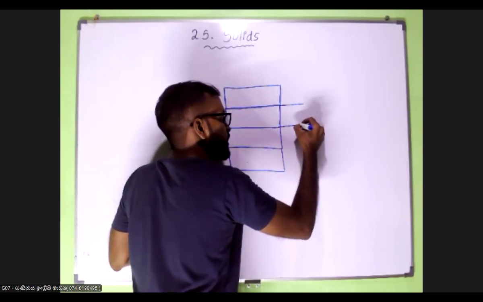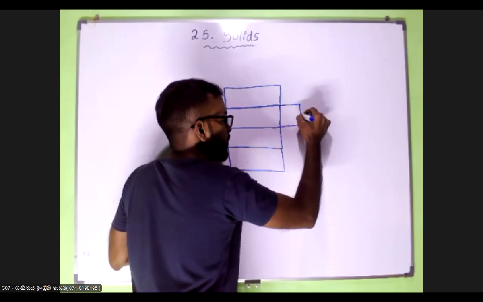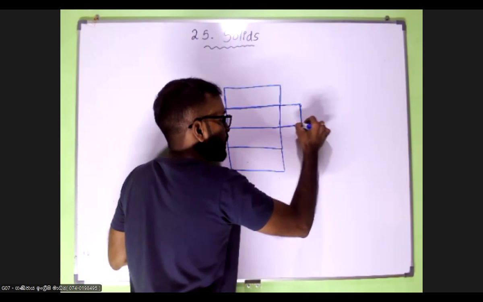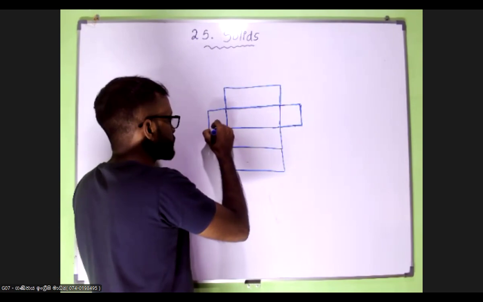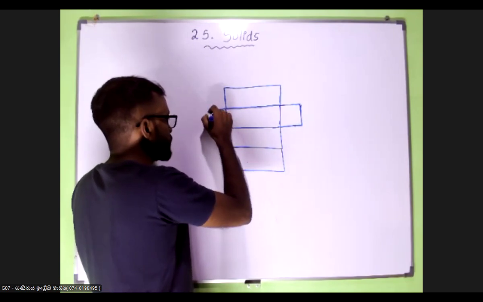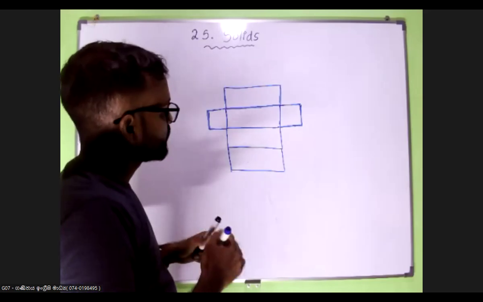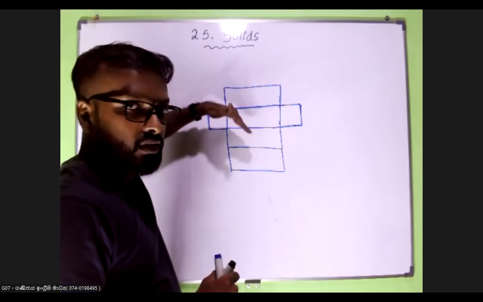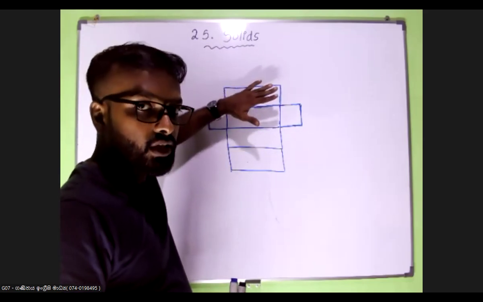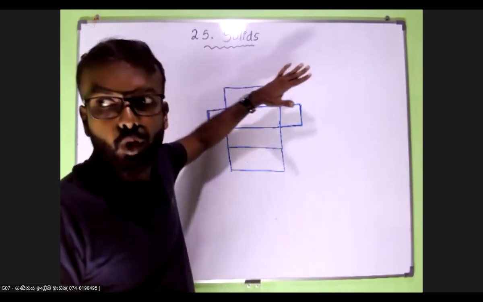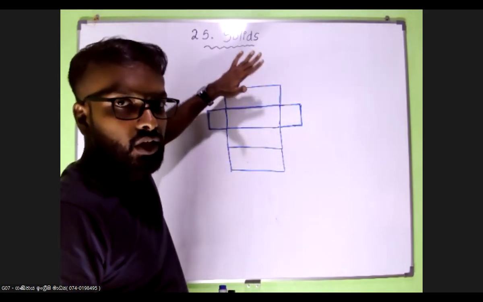Like this. So what is this? This is called a net that we can use to construct a cuboid.